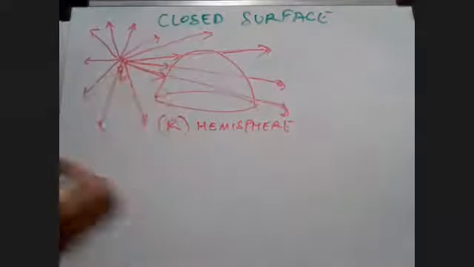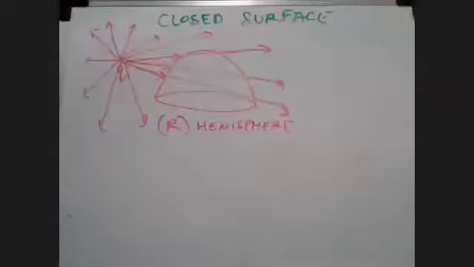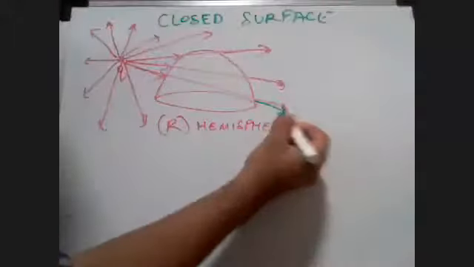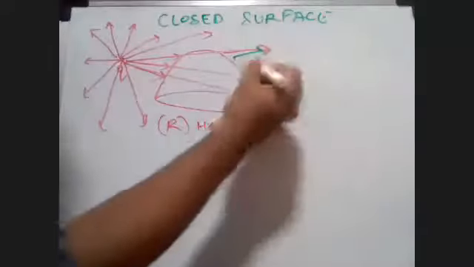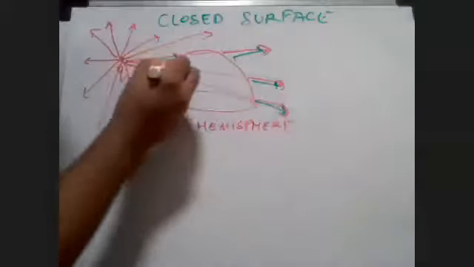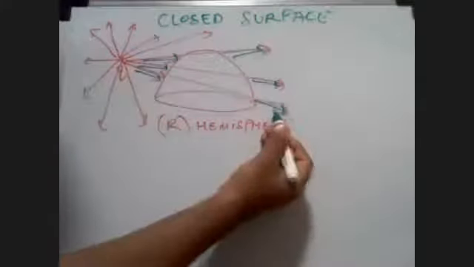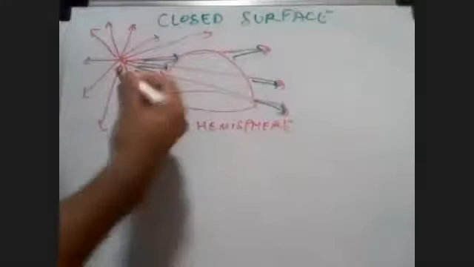Am I right? So what is going to be the total flux? Out minus inside. The amount of electric field lines going out of the surface minus the amount going inside the surface.